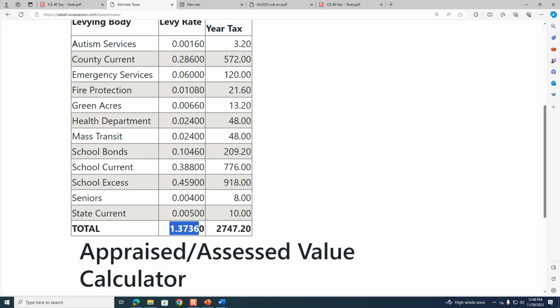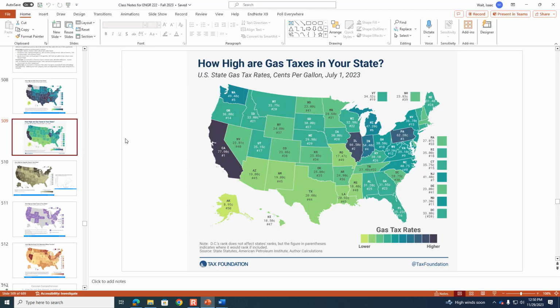But here it shows you, when you pay $2,000 in taxes, where it's going. A certain amount goes to the health department, a certain amount to fire protection, emergency services, and so on. That always makes me feel a little bit better about paying my property taxes when I can see the agencies that it goes to.